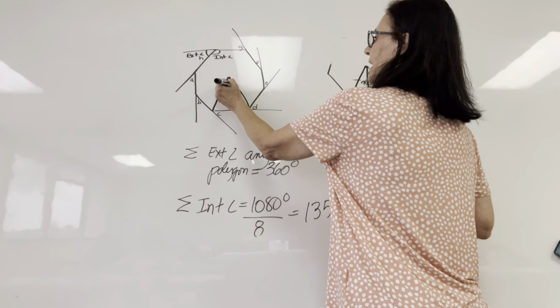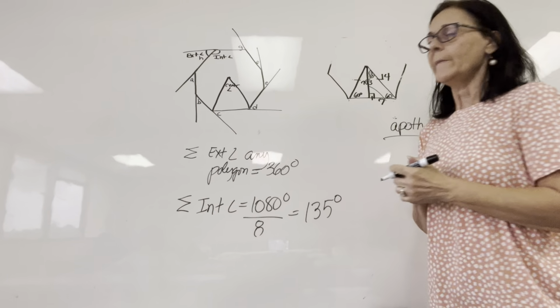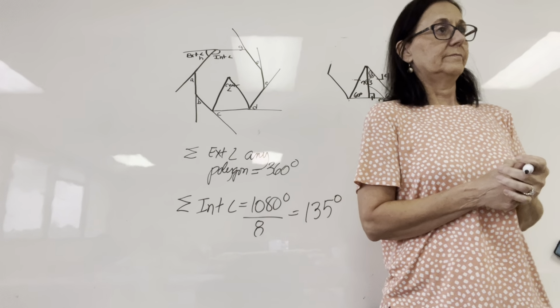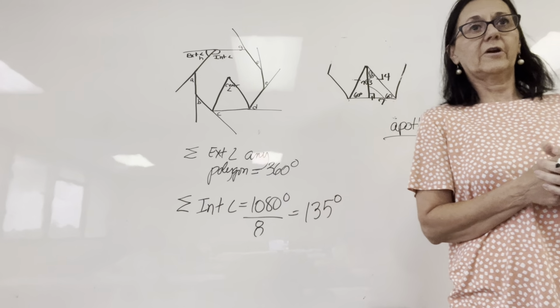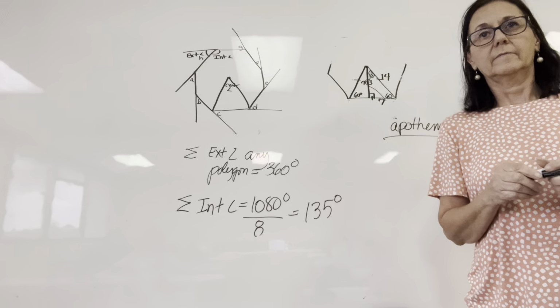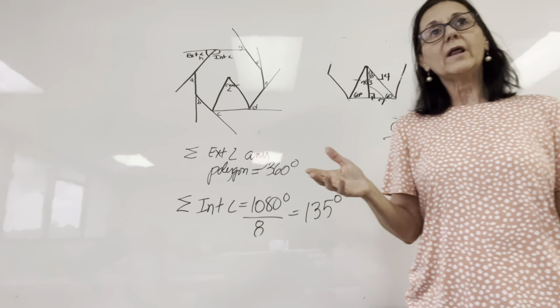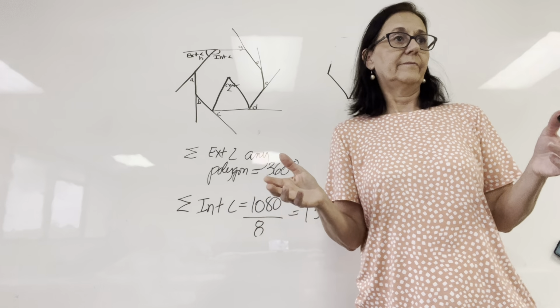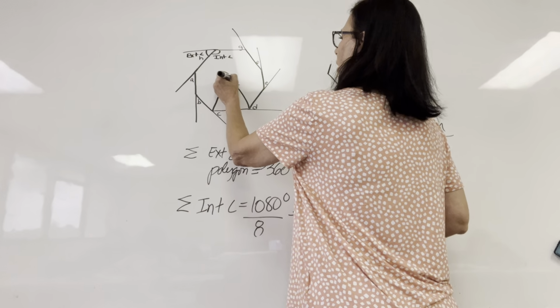This would be a central angle. What would be the measure of a central angle for an octagon? And how would I figure that out? Well, how many central angles do we have in an octagon? Remember, they're all going to be equal.